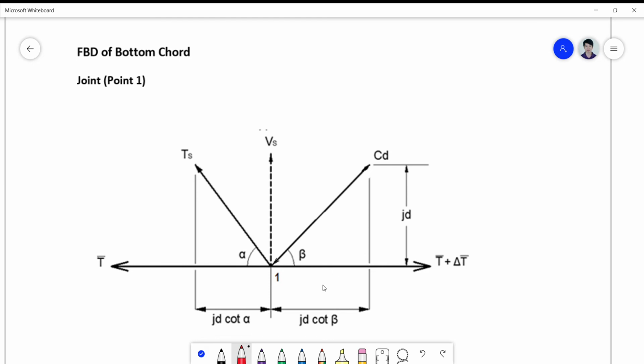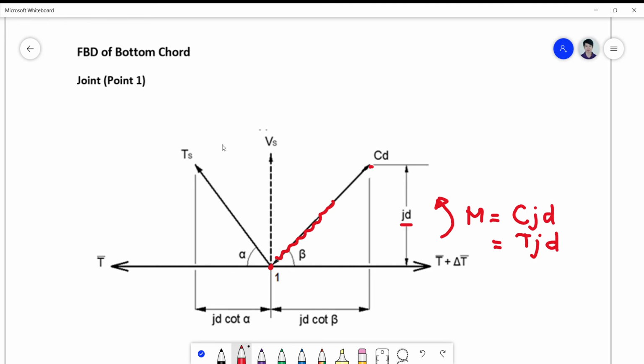So remember the definition of our moment capacity here, M. So we have simply your CJD, or it's also equal to TJD. So this JD defines now the distance from this point to this point 1 here, which is simply this vertical times the cotangent of the angle beta. Remember, this is the crack angle, and this is the stirrup angle. So this is now JD cotangent alpha.